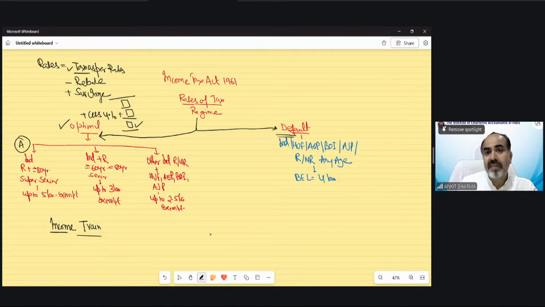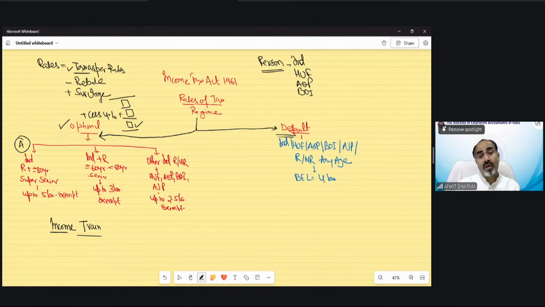If you are an individual, you must remember that we have gone through the definition of person, in which there was individual, HUF, AOP, BOI, partnership firm, LLP, company, local authority, and AJP. So person-wise rates are different. So we are discussing rates as per person-wise.